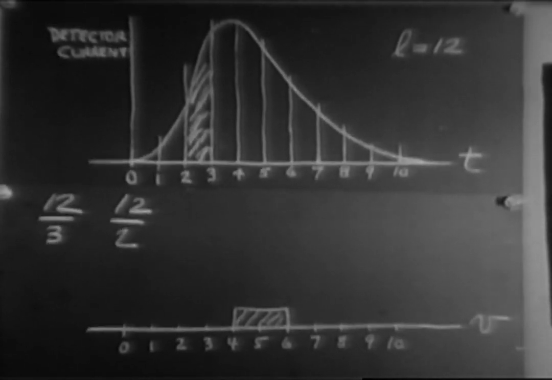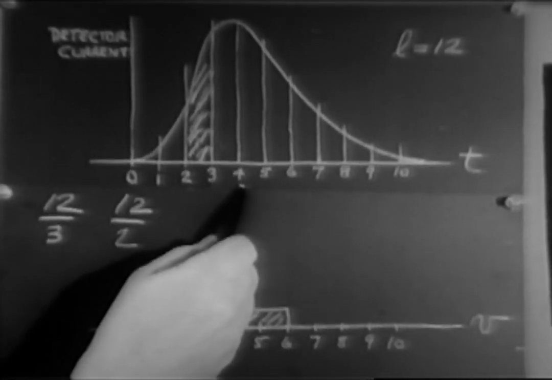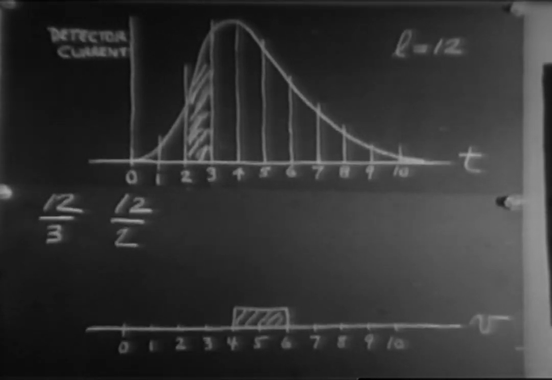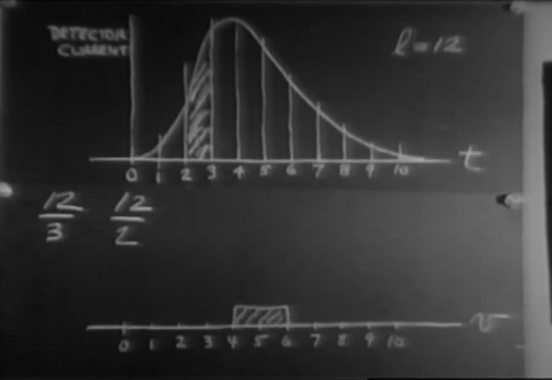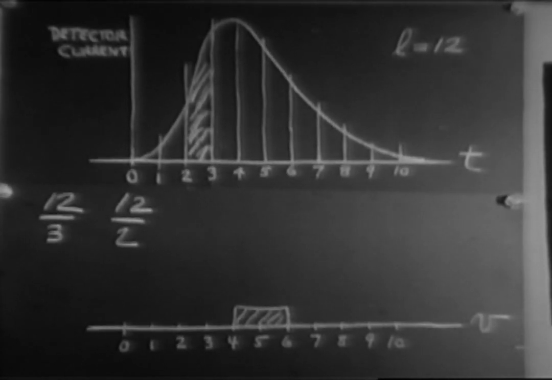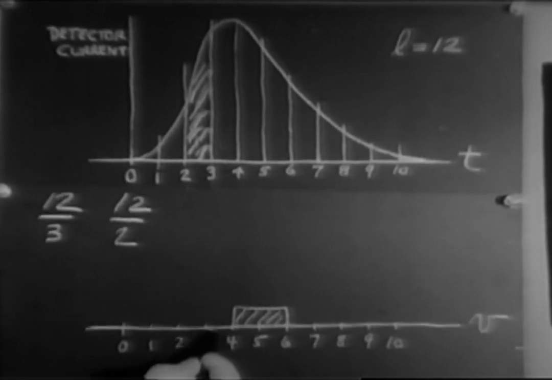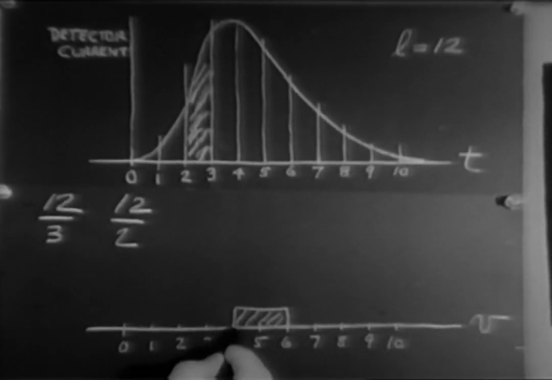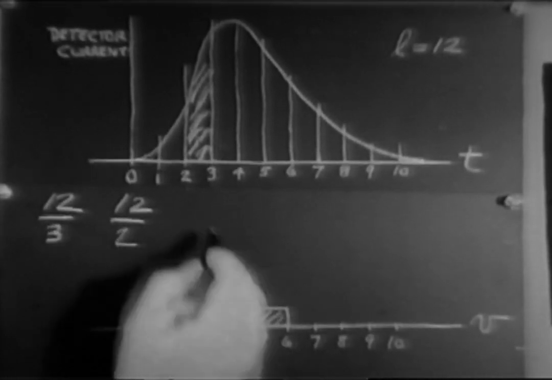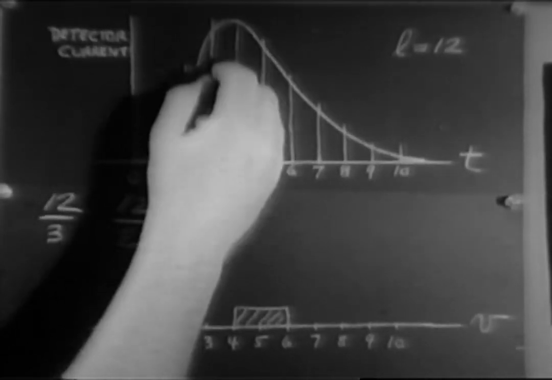Consider the next interval, from t equals 3 to t equals 4. Those atoms will have velocities between 4 and 3 and will appear here. Now this velocity interval is half as big as this one. But there are more atoms coming in this time interval.